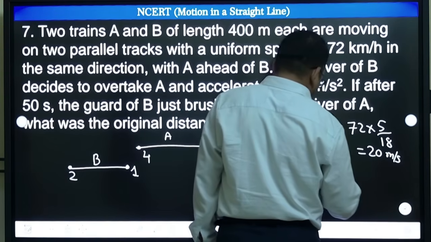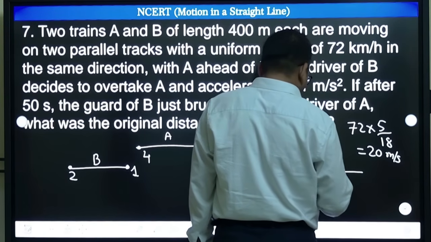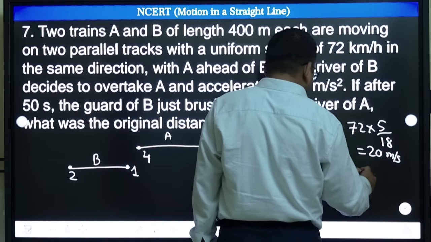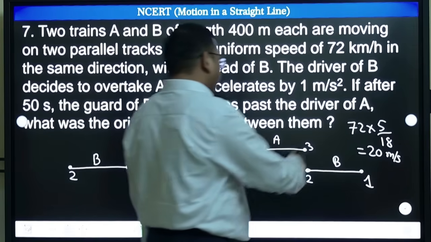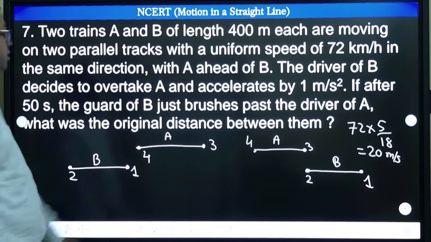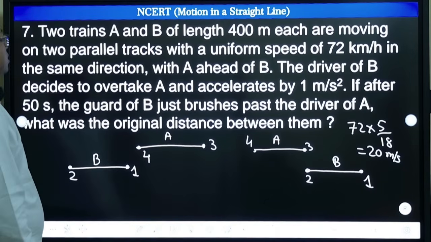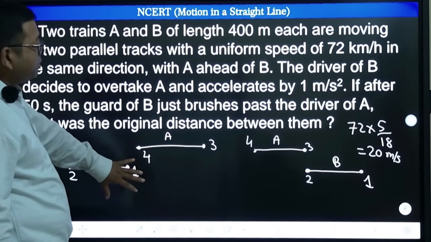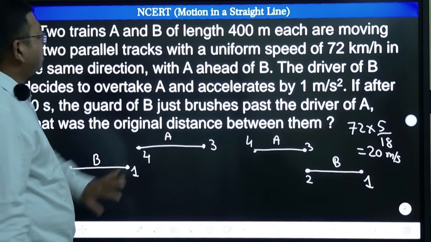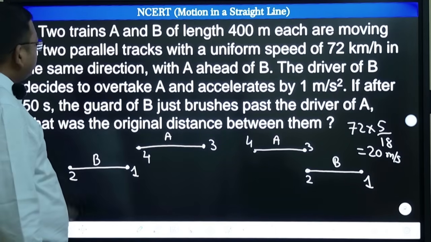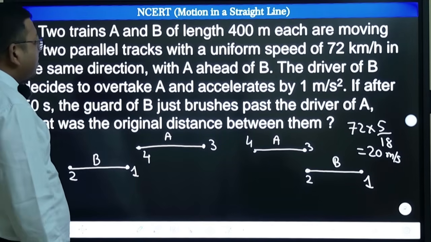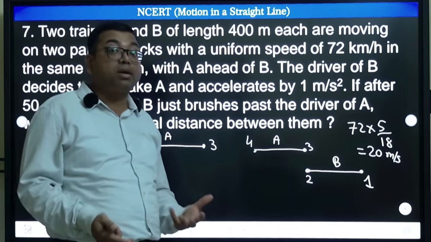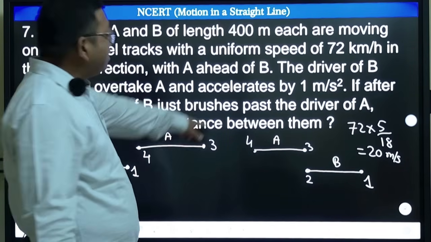Like this, B has come. So this one is 2, and this is 1, right? So just now it is passing by, just now it is crossing. Okay, if after 50 seconds, so this is the time 0 position you take, and that is time 50 seconds. Okay, then what was the original distance between them? Between what? Here there can be confusion. Distance between what? Again, read this question.